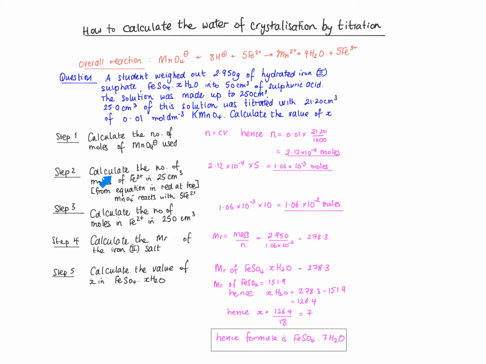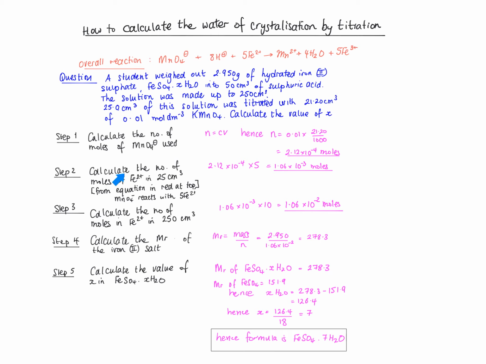Step 2. Calculate the number of moles of Fe2+ in 25 centimetres cubed. So for this we have to look at the chemical equation that the question gives us, and it tells us that 1 mole of MnO4- reacts with 5 moles of Fe2+.